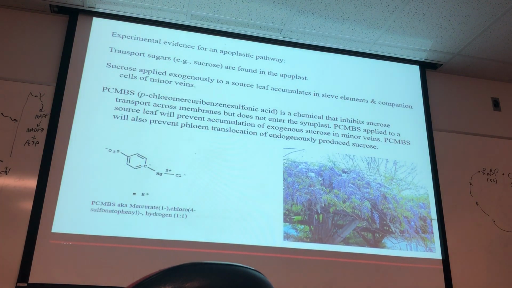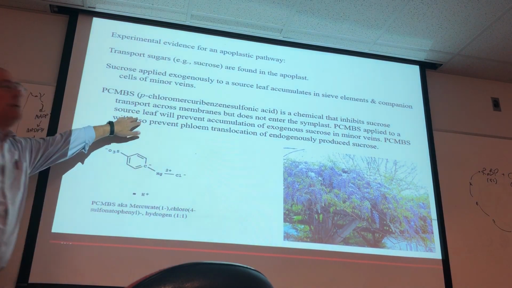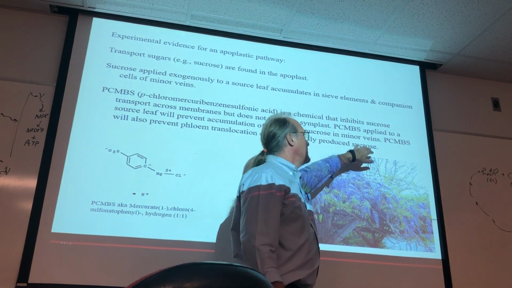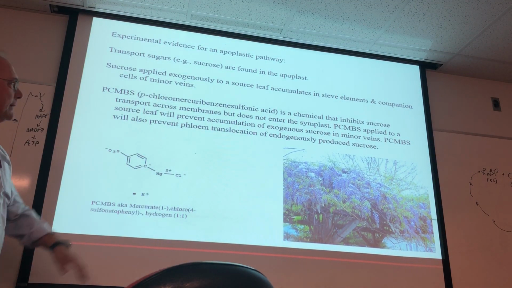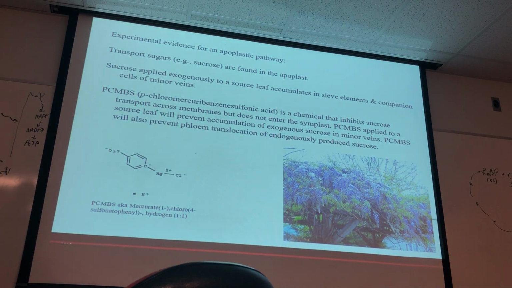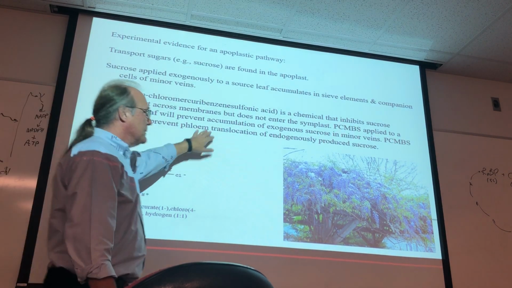If you apply that with your exogenous sucrose, you don't see the accumulation of sucrose in the minor veins anymore. Also, if you put this chemical on an intact leaf, it reduces phloem transport. Not block, but reduces it.